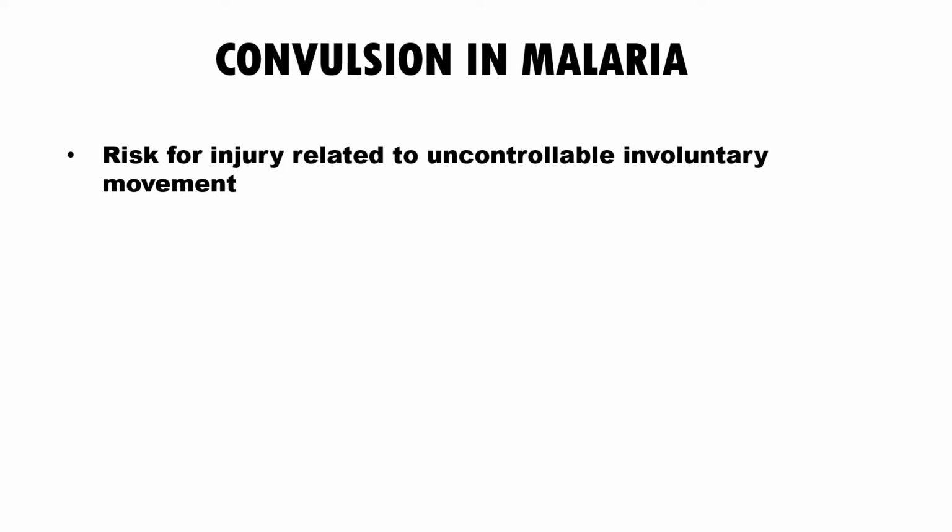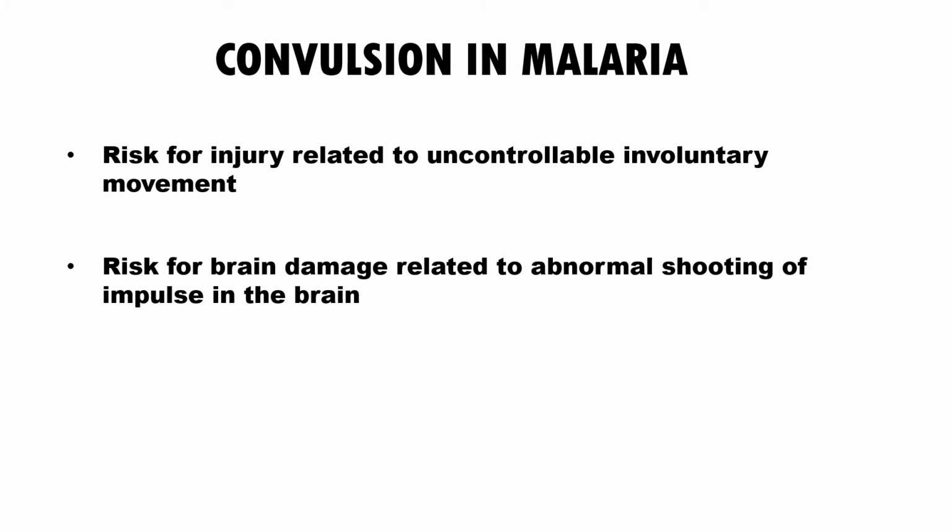You cannot restrict, otherwise you'll cause more injury or the patient might fall into the fire, depending on the place where the patient is. Then we have risk for brain damage related to abnormal shooting of impulses in the brain.